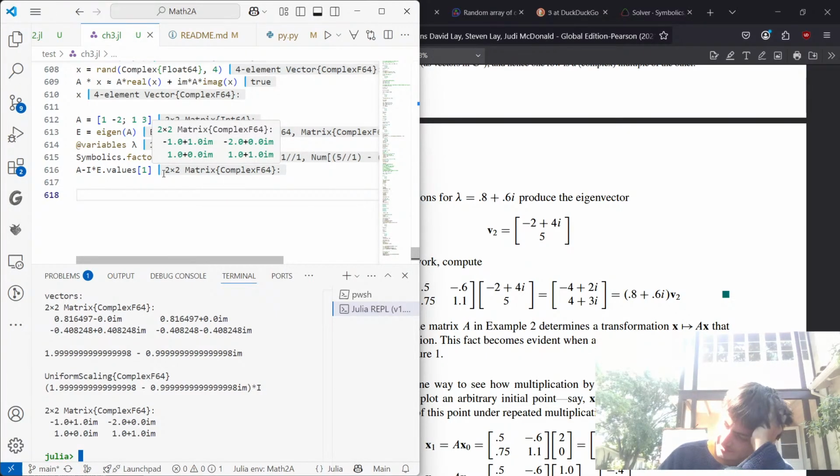So this means that minus 1 plus i times x minus 2y is equal to 0, and apparently that's the same equation as x plus 1 plus i y. But it's not the same equation, right?